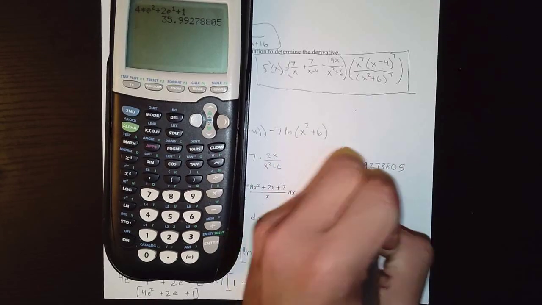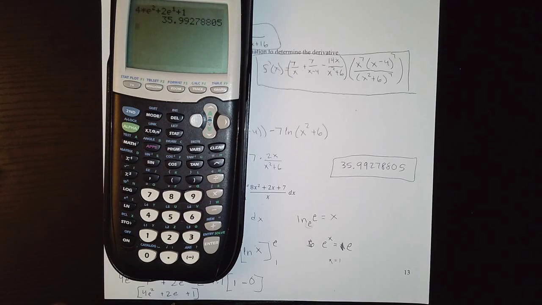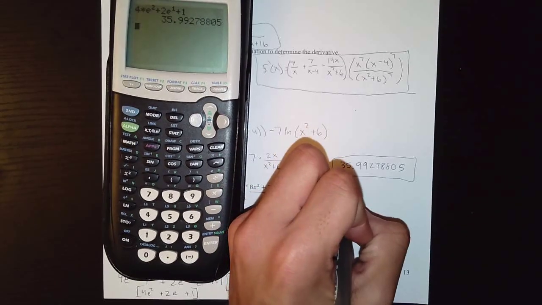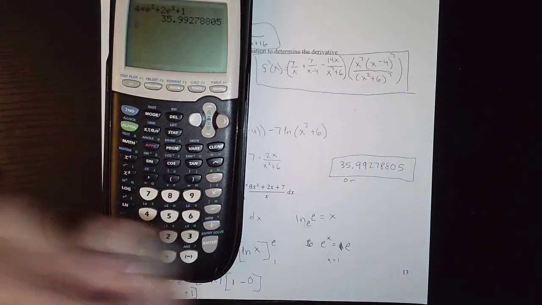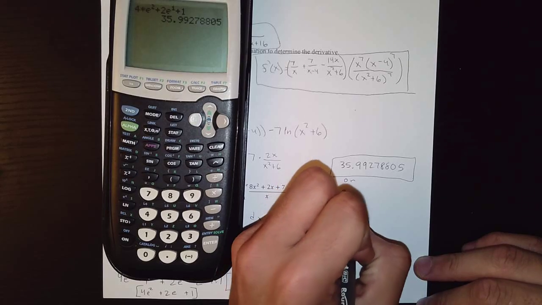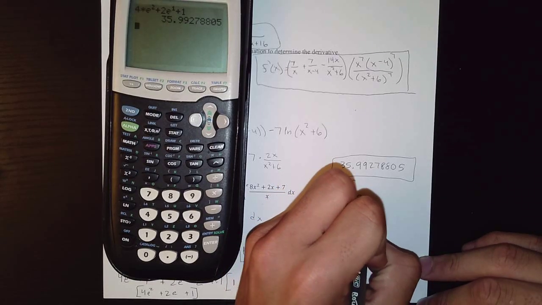And so this would be the area. Or we could also write it as 4e squared plus 2e plus 1.